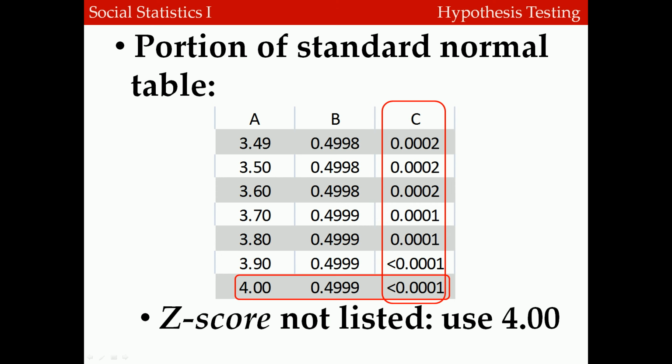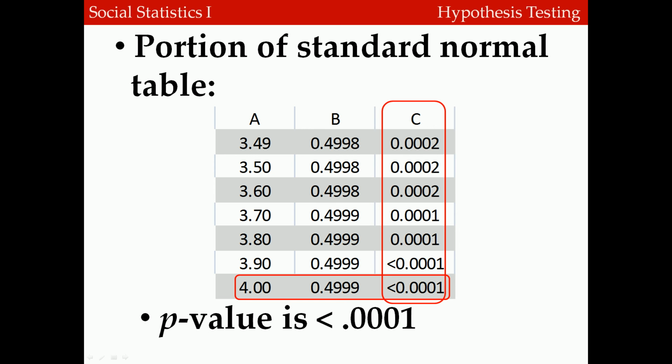We don't know exactly what that value is going to be, but we know that the p-value is going to be even smaller than the smallest one listed in the table. So we know our p-value is going to be less than 0.0001, or in other words, fewer than 1 in 10,000 samples have this result by chance alone.